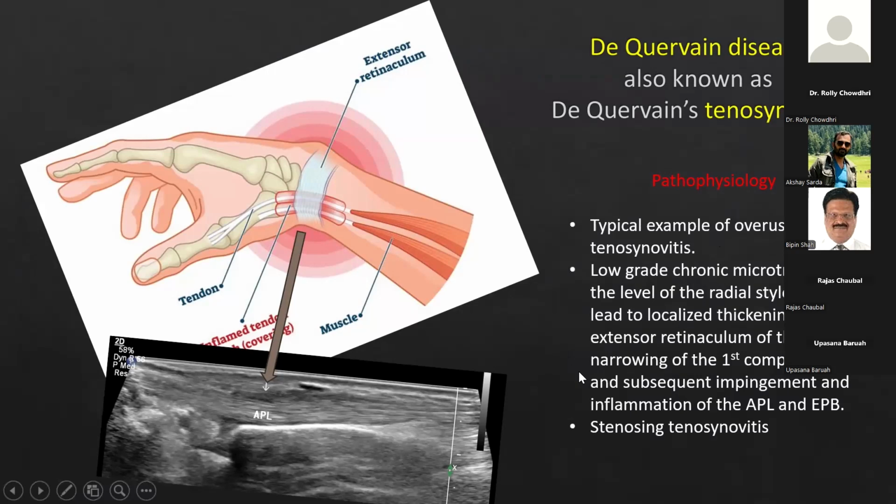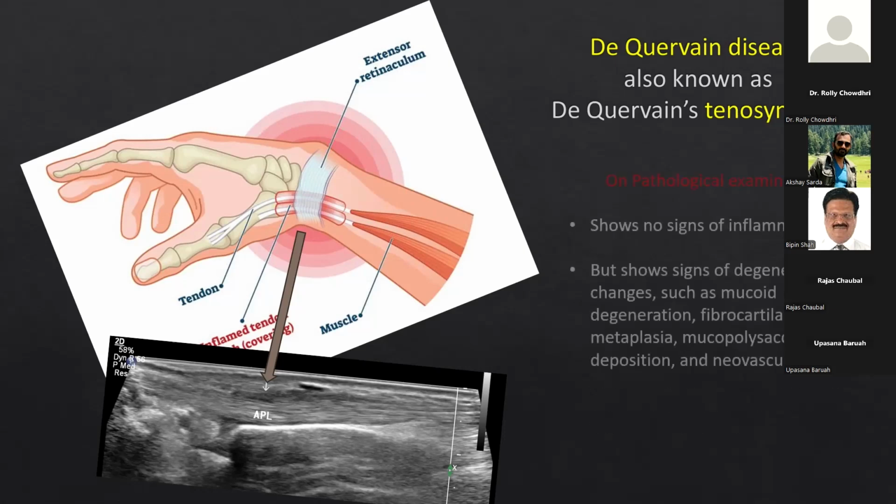and this leads to localized thickening of the extensor retinaculum. This is a fibroosseous tunnel, and these first compartment tendons run through it. Because the extensor retinaculum has thickened, the tunnel decreases in size, and that causes inflammation and impingement of the abductor pollicis longus and extensor pollicis brevis. That is the basic pathology.